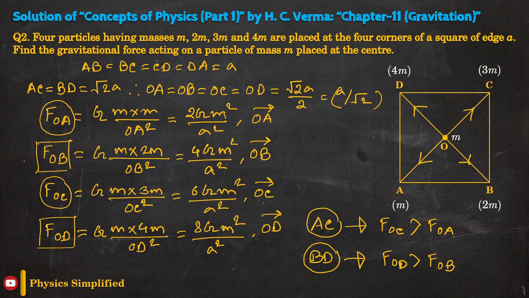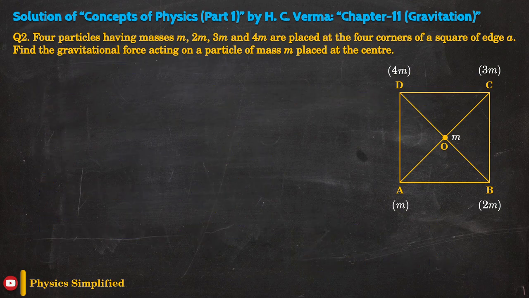Here, in the next steps, we will be finding the net force along the diagonal AC and the net force along the diagonal BD. So let us first of all find the net force along the diagonal AC. Let the net force along the diagonal AC be F1.